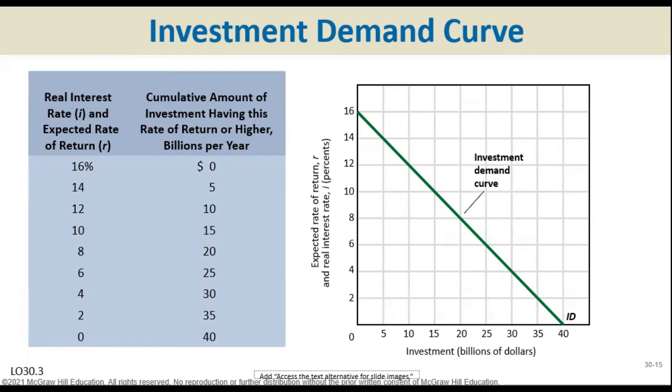So the slope is downward, reflecting the inverse relationship between the real interest rate and the quantity of investment demanded. If you take the interest rate as the cost to get those investments, as the cost goes down, people will demand more investment. That's the rationale of this inverse relationship between investment demand and the real interest rate. So the interest rate is defined as a cost. If the cost goes down, people tend to demand more.